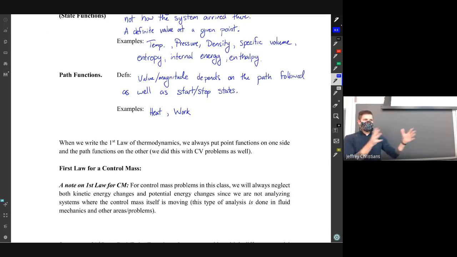The reason we split it up like that is because we put point functions on one side: internal energy, enthalpy, kinetic energy, potential energy, those are all point functions. And we put the path functions, heat and work, on the other. So that's why we split it up like that.